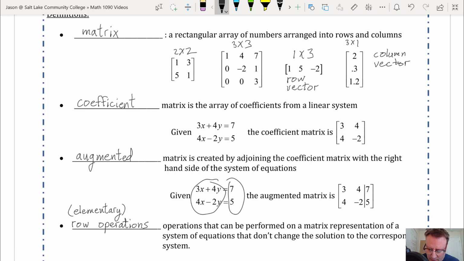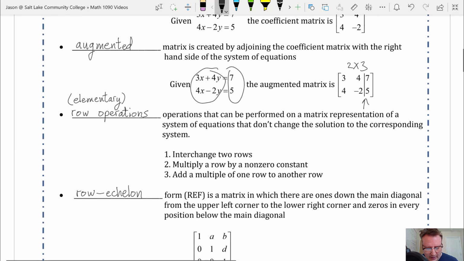This is a 2 by 3 matrix. And then we often put that line in there to help us remember that these are constants instead of coefficients.